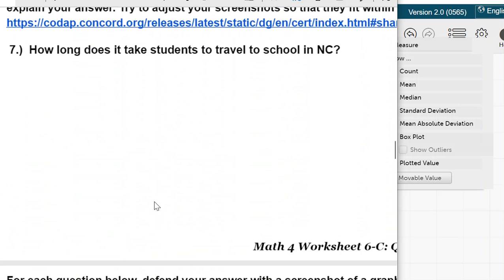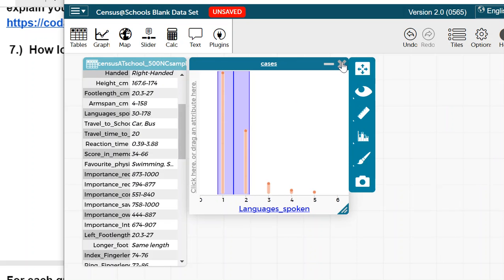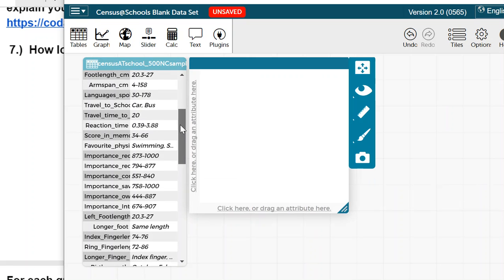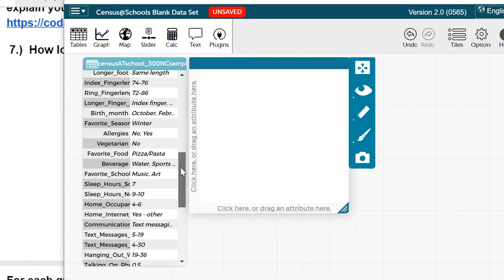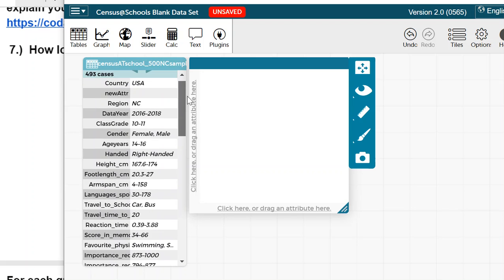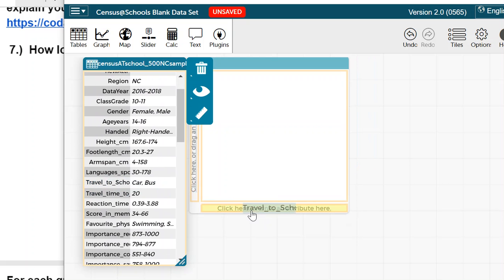How long does it take students to travel to school? All right, so we're going to X out of that and bring up a new graph and travel to school. I have a feeling that's back toward the beginning. Yes, there's travel to school.